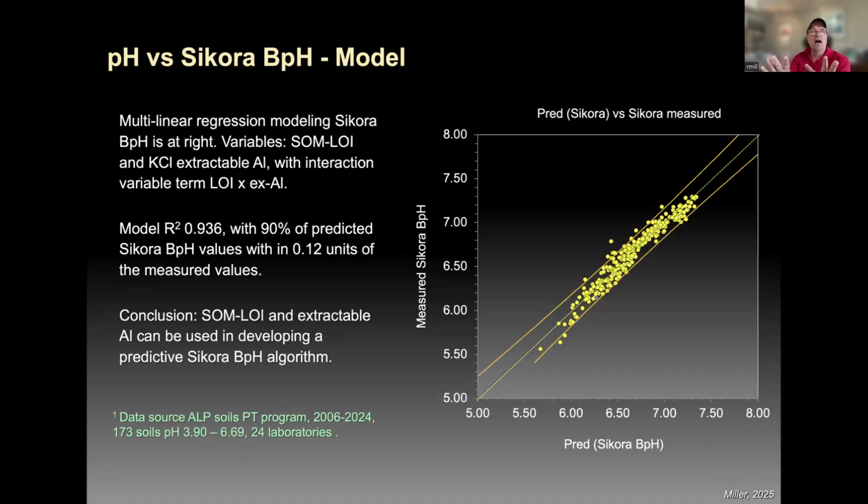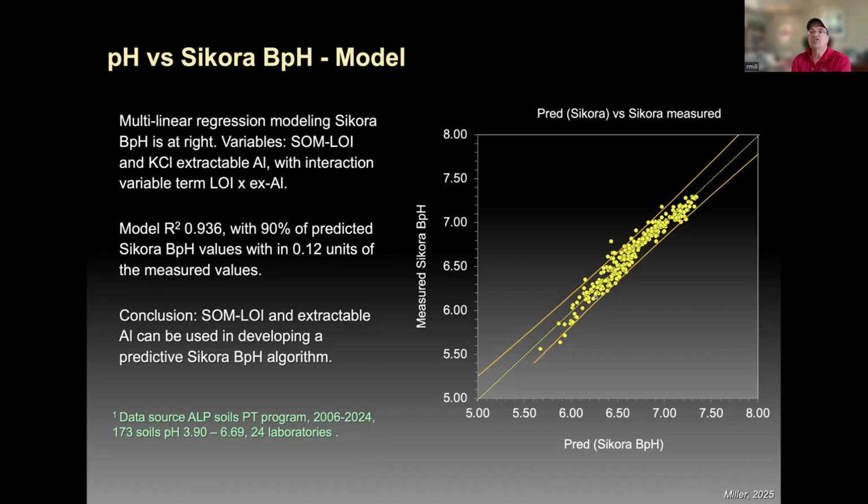Now, I love to pile into data and do data analysis, and some of you may know that I've done some multilinear regression work where I look at the variables that affect buffer pH. The model at the right is a multilinear model that only uses organic matter and pH exchangeable aluminum to determine the relationship between a predicted Socorro buffer and a measured Socorro buffer.